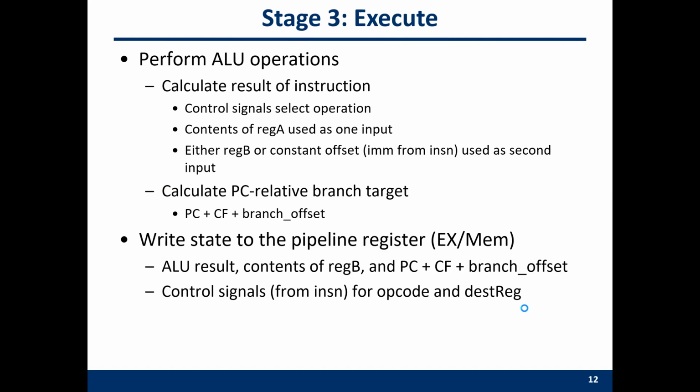So I can give you an example of the PC relative branch target. You check whether these two registers are the same. If they are the same, you can run the code sequentially.